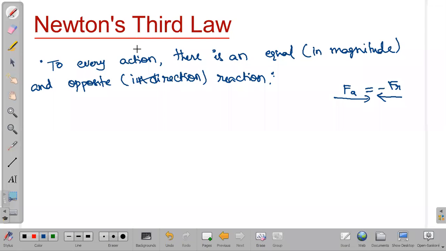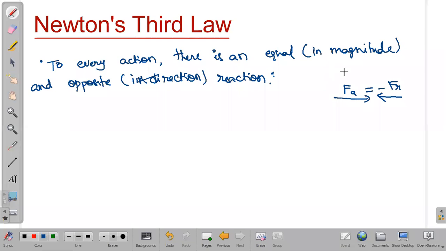Anything applying force on any object, we will get some reaction force. If whatever force we are exerting is considered as action, there exists some reaction force also, opposite in direction. Clear? Next.